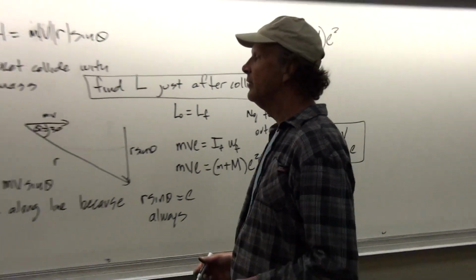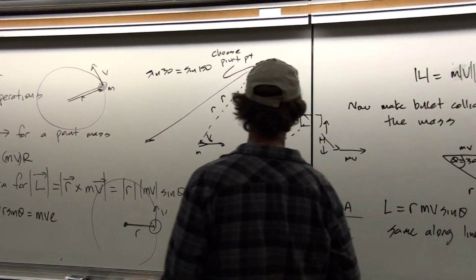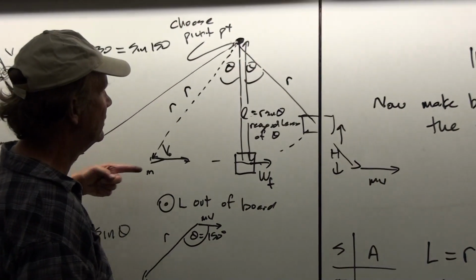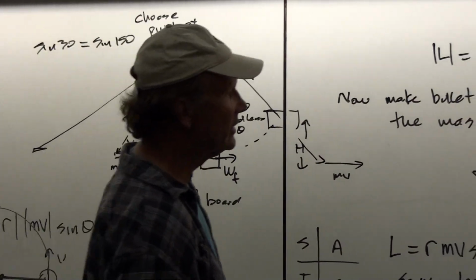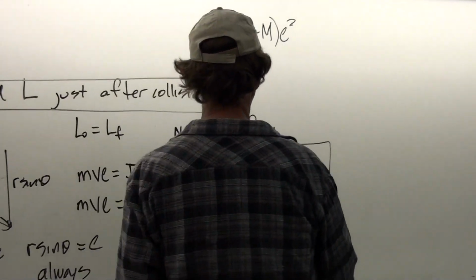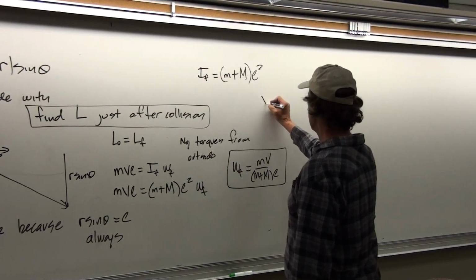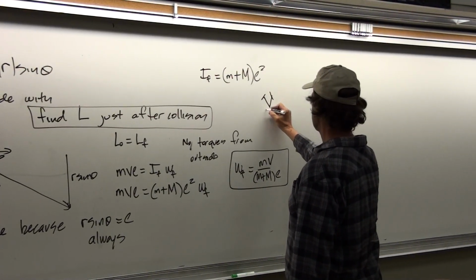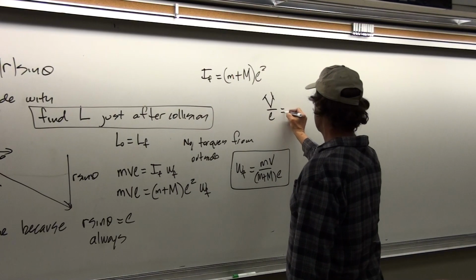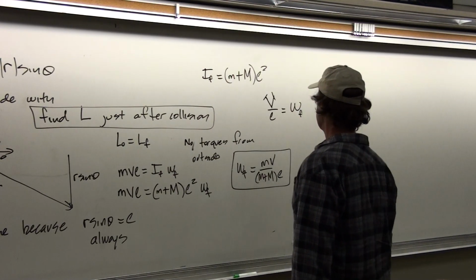Then what we can do at this point is say, is that consistent with a final velocity in the ballistic pendulum, where the final velocity just after the collision divided by L is equal to omega final?